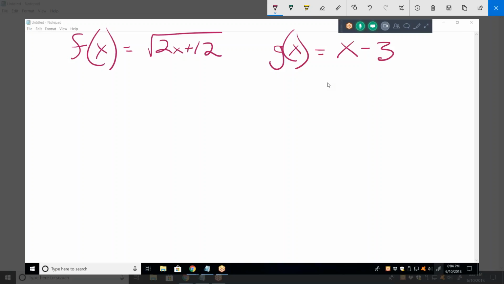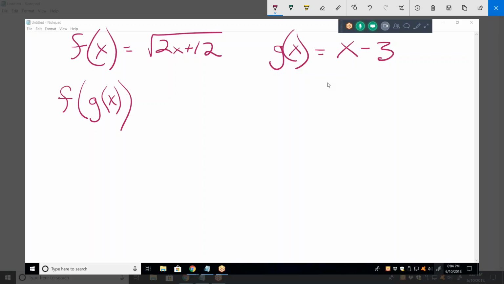The first thing they'd like is f of g of x, and then they want the domain of f of g. That's how you write that. That's f of, instead of x, it's f of g of x.